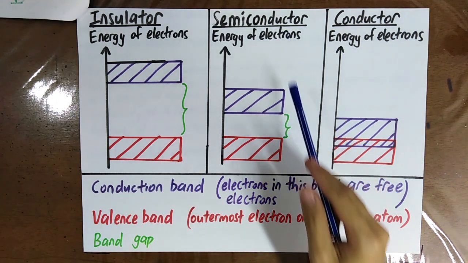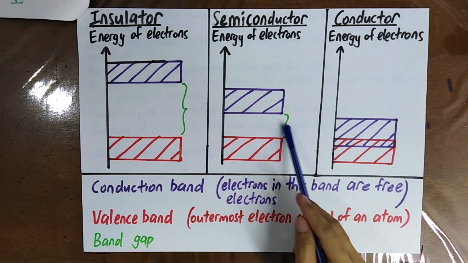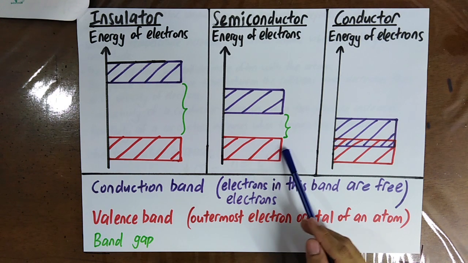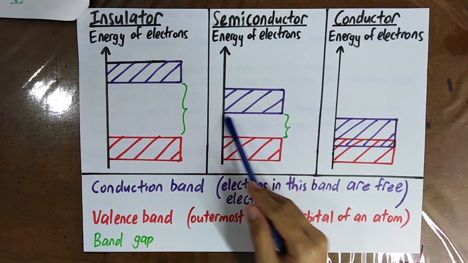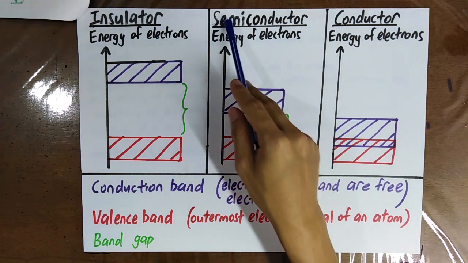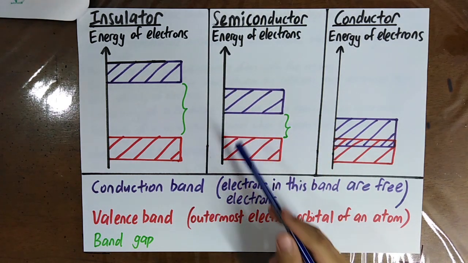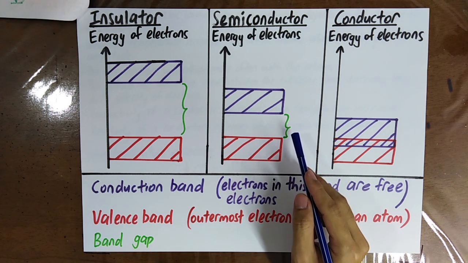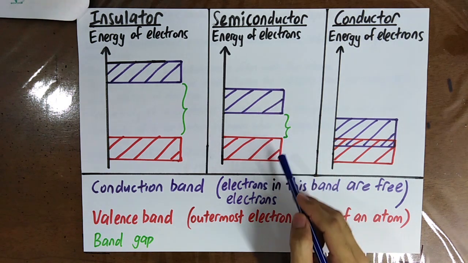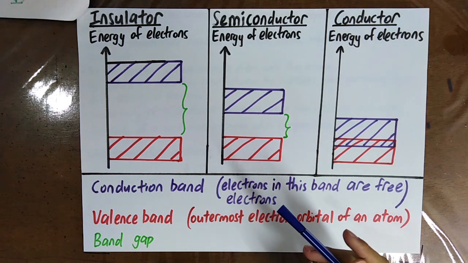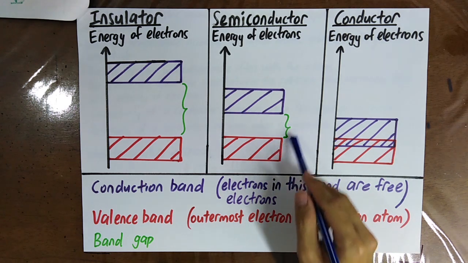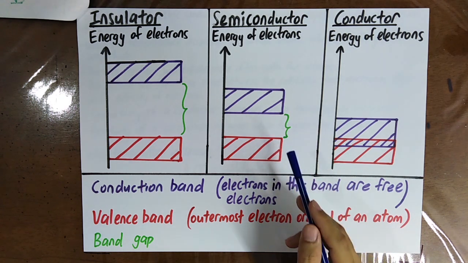Okay, and for a semiconductor the band gap is smaller, so the electron only needs a very small amount of energy so that it can be promoted to the conduction band, so that it can help the semiconductor conduct electricity. Normally the energy that can be given to the electron is in the form of thermal energy or electric potential energy. If you want to give thermal energy to the electron, you need to increase the temperature.